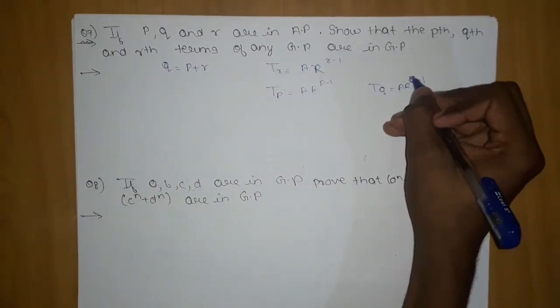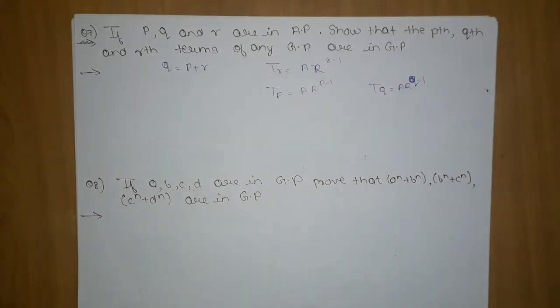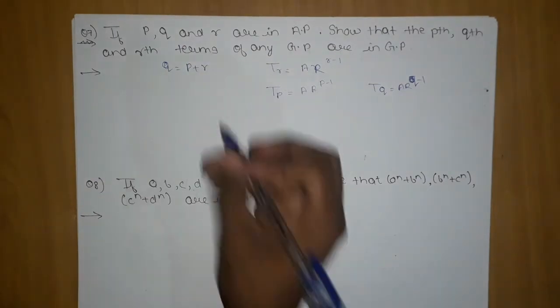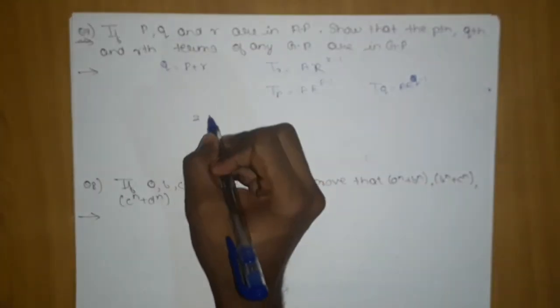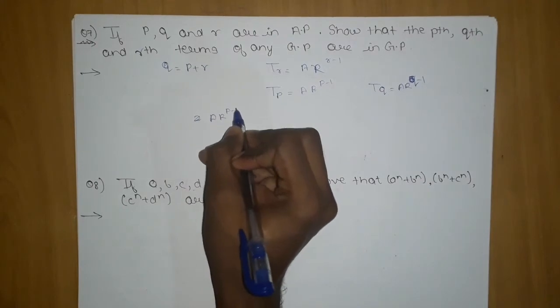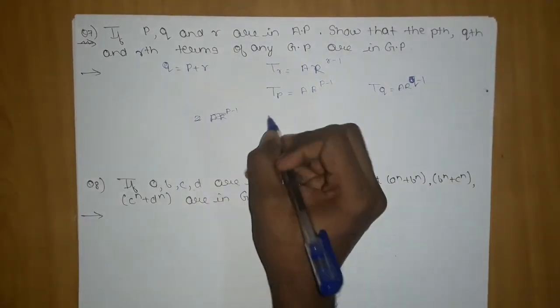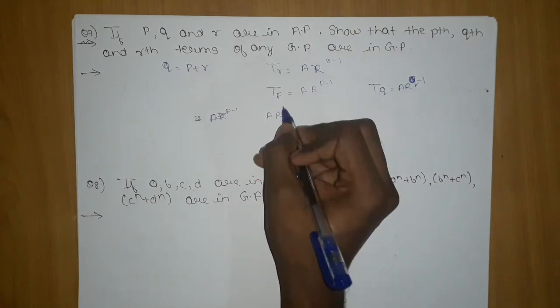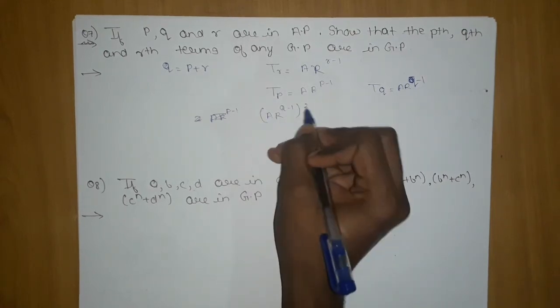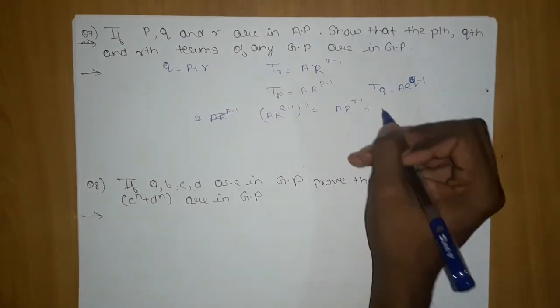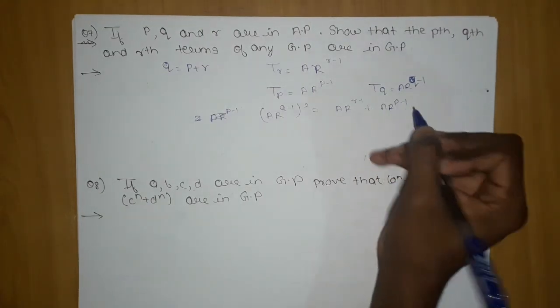So we got this thing. Now if it is in GP, if these three things are in GP, then this A R power Q minus 1, the whole square, should be equal to A R power R minus 1 times A R power P minus 1.